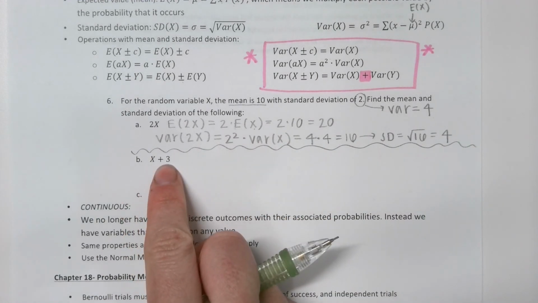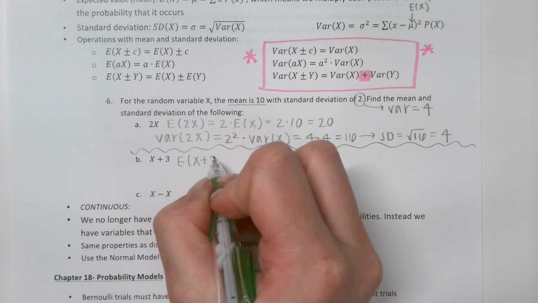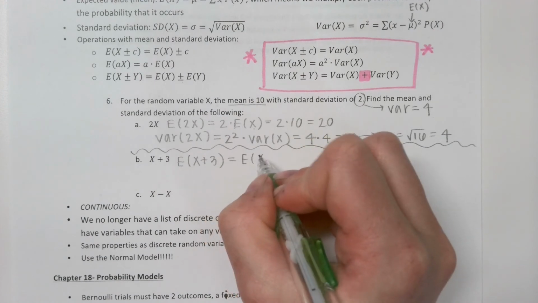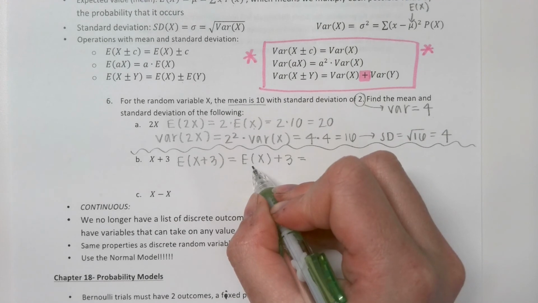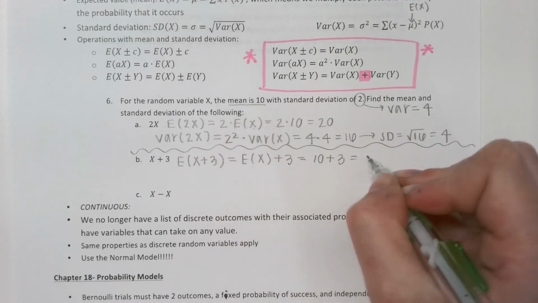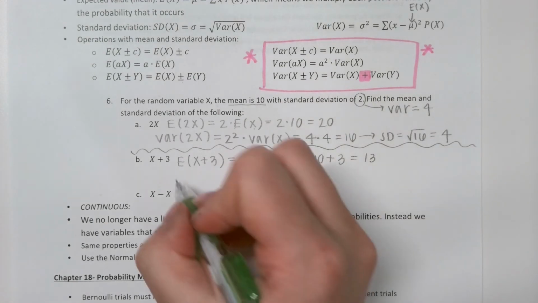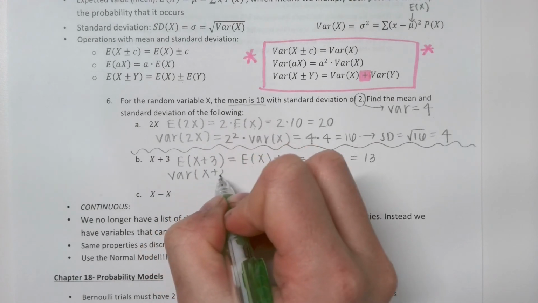Next one is x plus 3, so I'm finding the expected value of x plus 3. So I'm going to split it up into the expected value of x plus 3. That old expected value is 10, and 10 plus 3 gives me 13. Okay, I'm finding the variance of x plus 3.